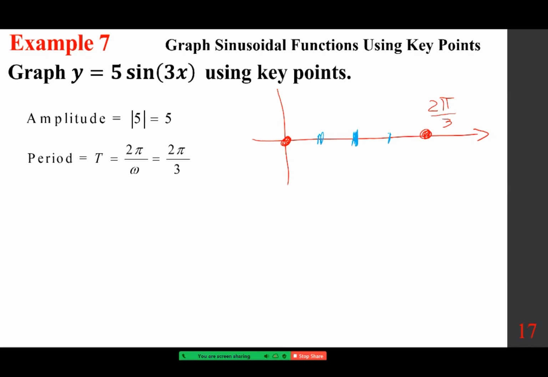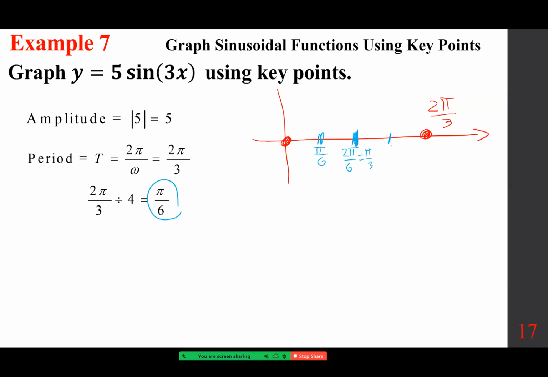So if I divide this by 4, I get pi over 6. So this must be pi over 6. Then I'm going to add another pi over 6 to that, which becomes 2 pi over 6, or pi over 3.